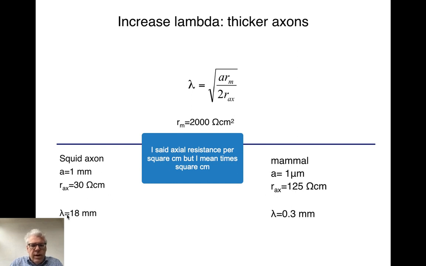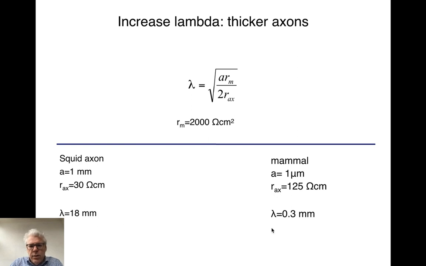For the squid axon, we find a lambda of 18 millimeters, while for this particular mammalian axon with a radius of only 1 micrometer, the lambda is 0.3 millimeters. So it helps if you make the axons thicker, larger, but clearly there are space constraints in doing that as well. You can't make them infinitely large.